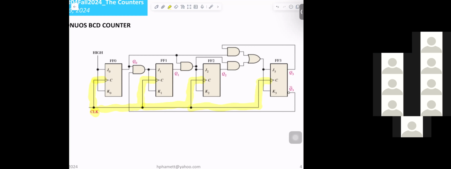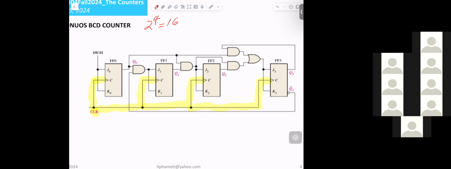Now, if I want to count up with this flip-flop circuit, it can count up from what number to what number? From 0 to 15, correct. The thing is you start from 0, so it only goes to 15. They use 4 flip-flops, so using the formula 2 power 4 equals 16.